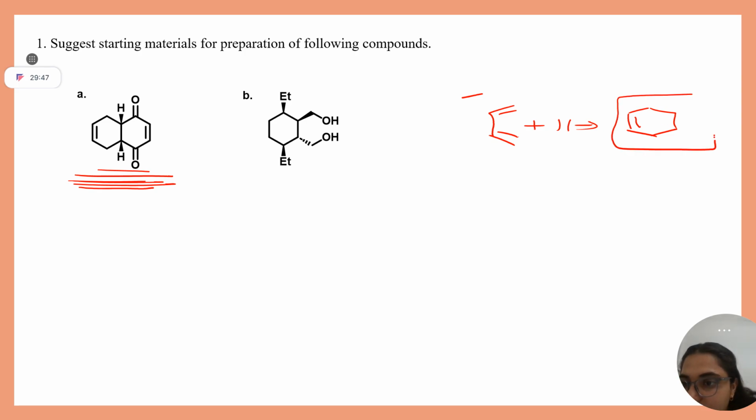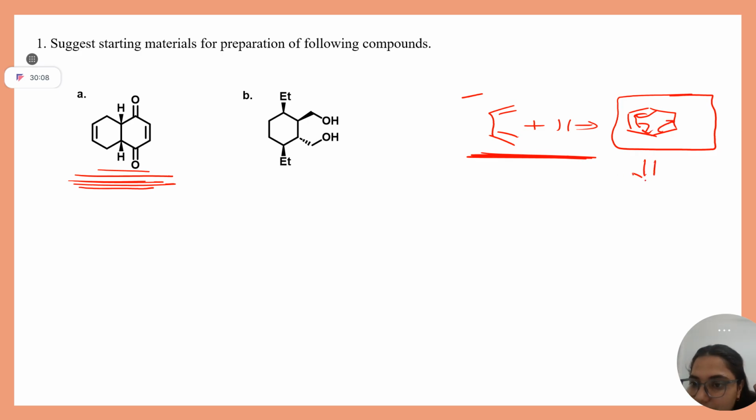But whenever you come across this cyclohexene, the first thing that should come to your mind is that it has been formed via a 4 plus 2 reaction. Yes or no? Because this bond can go here, this can go here, and this can go here.